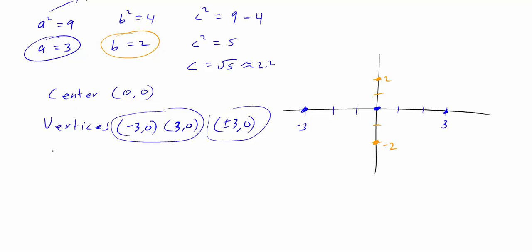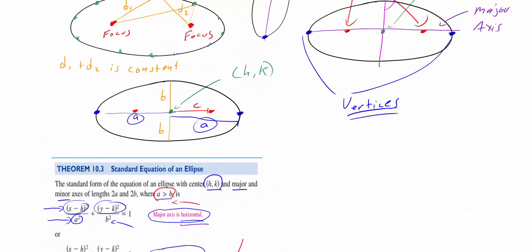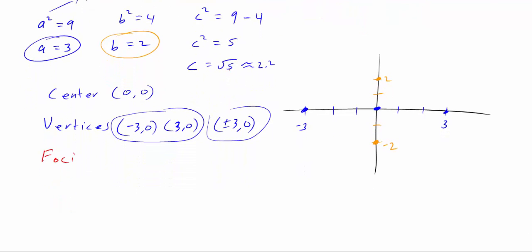And then if we want to look at the foci, remember the foci use the center out c units. So we're looking for the value of c. And we said our c value in this case was the square root of 5, which is a little bit more than 2.